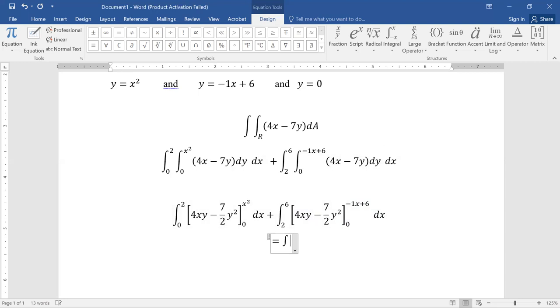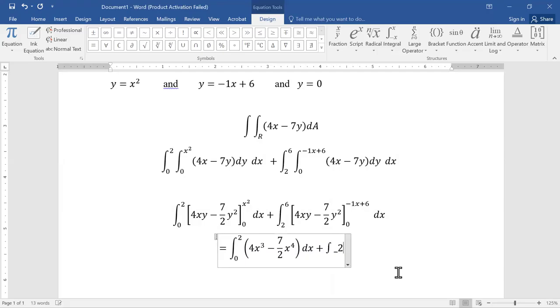My first integration, when I plug in an x squared, I get 4x to the third minus 7 halves x to the fourth. That's what happens when I plug in an x squared. When I plug in a 0, I just get 0. Again, I'm plugging that in for my y value, and then I'll be integrating that with respect to x.